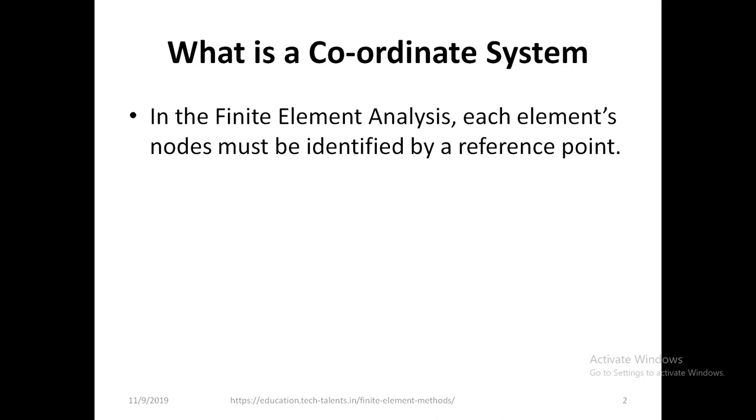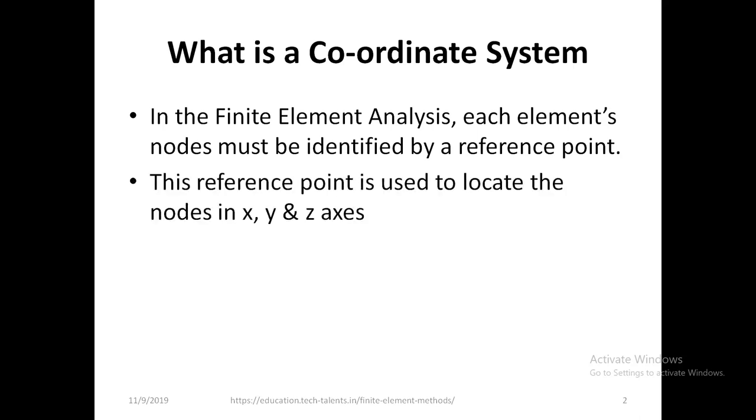Each element will have a different number of nodes, and each node must be identified by a reference point. That is the purpose of the coordinate system. The reference point is used to locate those nodes on the x, y, and z axis, and this reference point itself is known as the coordinate system.